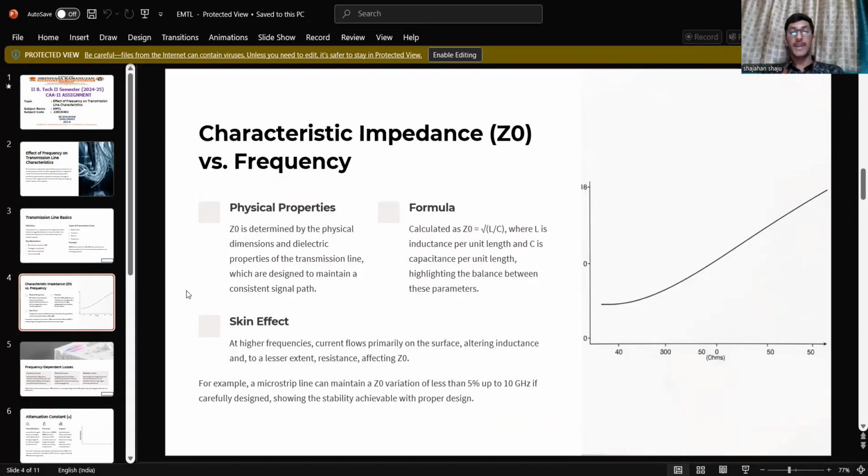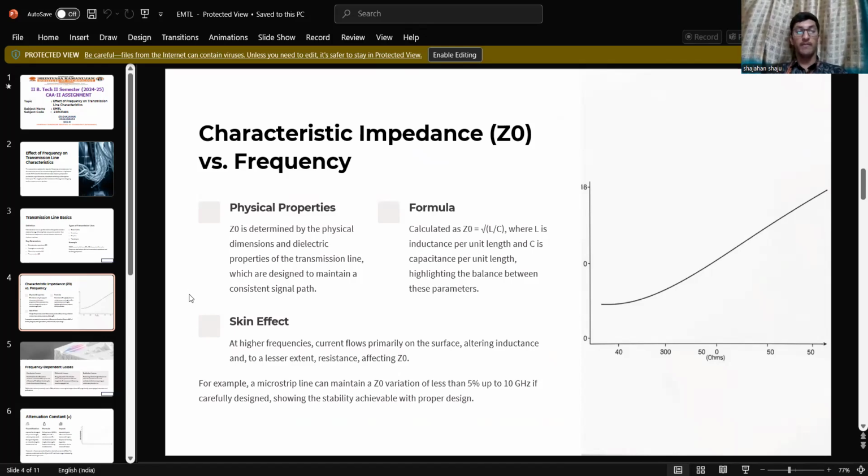Formula: Z0 equals root of L by C, where L is inductance per unit length and C is capacitance per unit length, highlighting the balance between these parameters.